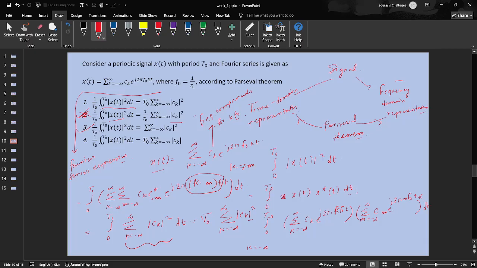This is the importance of Parseval's theorem, which connects the time domain and frequency domain representations and says that since the underlying signal is the same, the underlying power is the same, and you can find it in both continuous and discrete domains. So that is the idea.